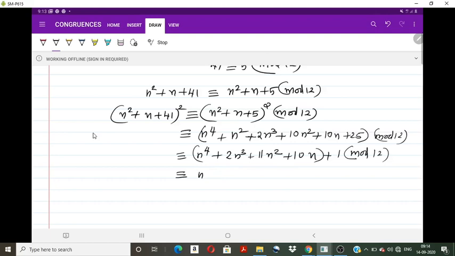Before taking n outside, we can rewrite 11n square and 10n in terms of least residues.